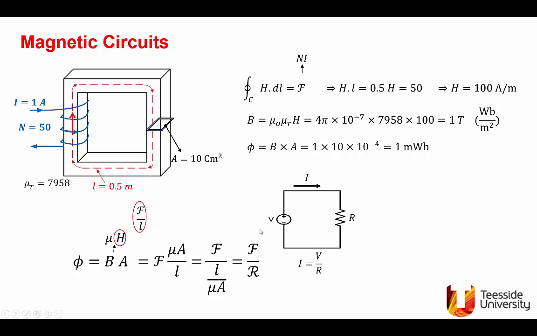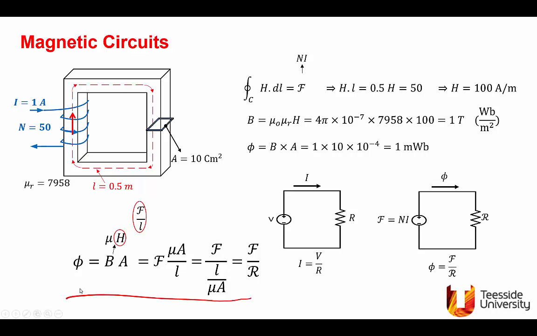So in electric circuits, you have the voltage, or EMF, electromotive force, applied on a resistance R. The current I goes in a closed loop, and Ohm's law is I is V over R. In magnetic circuits, using this equation, we can say we have a magnetomotive force, in this case Ni.